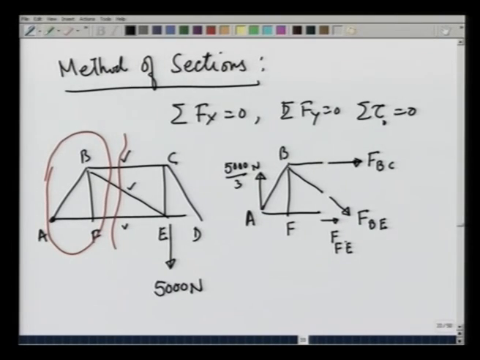So, now this section of the truss is in equilibrium under the forces FBC, FBE and FFE and the force 5000 over 3 newtons, which is known already. I have 3 unknowns and 3 equations, namely summation Fx equals 0, summation Fy equal to 0 and summation torque is 0. So, I can solve for these 3 unknowns.